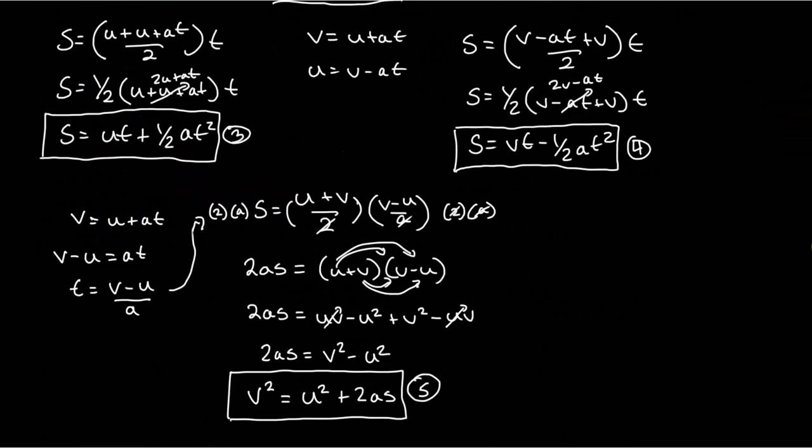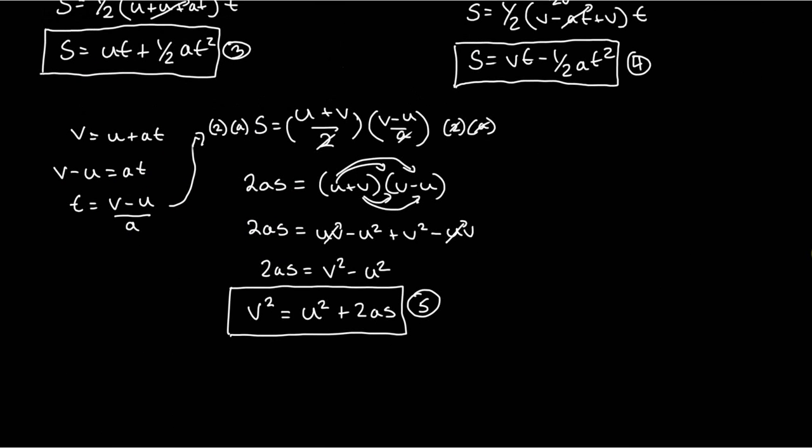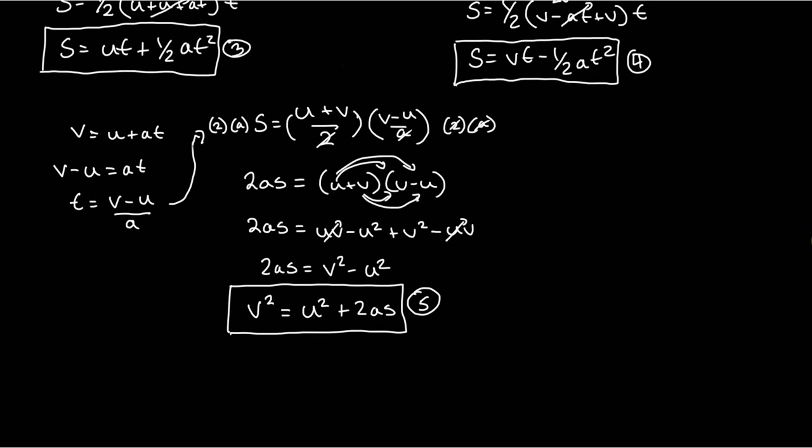Because there are 5 variables, each equation essentially eliminates one of those variables. So if we know the values of any 3 of the variables, we can calculate the other 2. And so, yeah, that concludes this video.